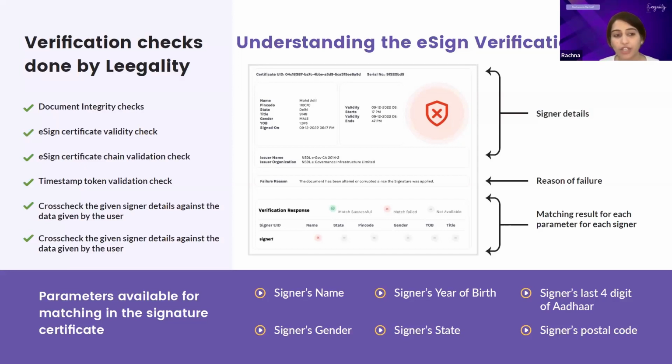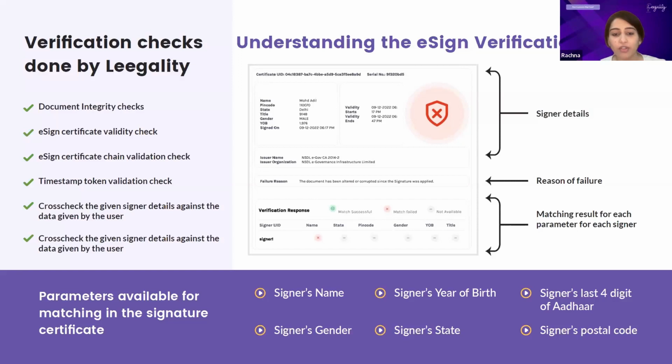Then second is the eSign certificate validity check, wherein I told you that we make sure that the issuer is a valid issuer. Then the eSign certificate chain validation check. The chain validation check means that whenever a document is fed by you, we are going to try to understand who's the ESP, who has issued the ESP the certificate.